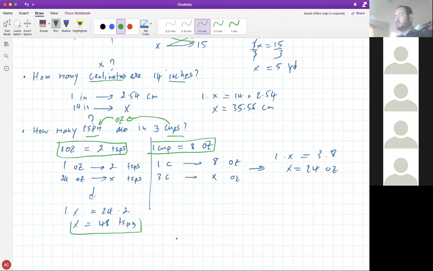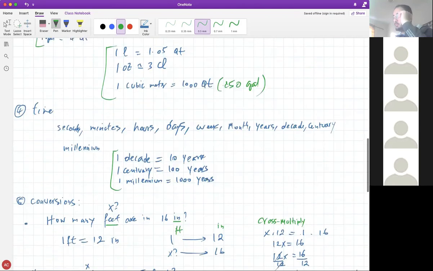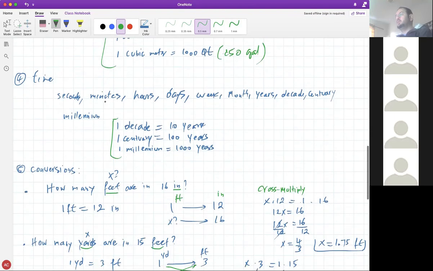Just like, for example, let's say you want to convert seconds to hours.